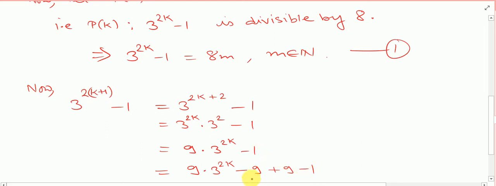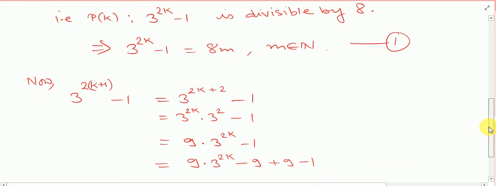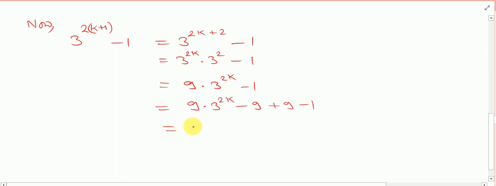So I'm adding and subtracting 9. Clear? And then 9 will be taken common from the first two terms, so we get this 3 to the power 2k minus 1, and here 9 minus 1 will be 8, and this 3 to the power 2k minus 1 will be 8m, so you get 8m. If you want to write, you can write from 1.